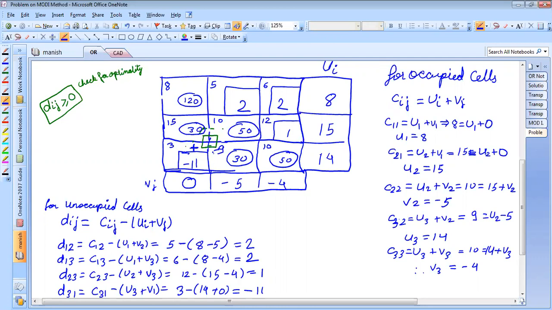So we mark here plus, here we mark minus, here we mark plus, here we mark minus. So at every turn there is a change in sign, correct? Now from this point, these two cells are having minus signs. So whichever is minimum, both are 30.